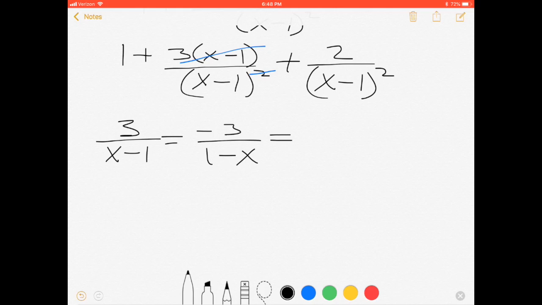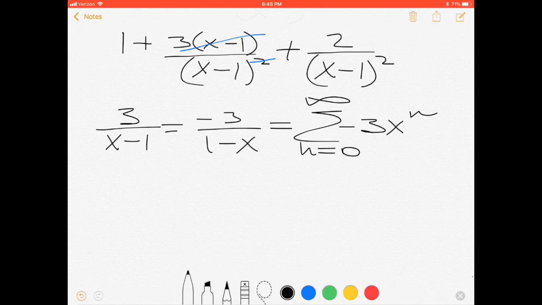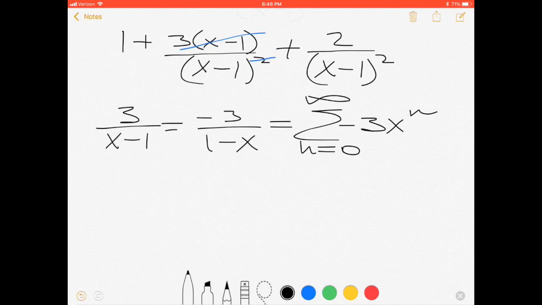And this one is the series of negative 3x to the power n, n from 0 to infinity. Great. But what is the relationship between 1 over x minus 1 and 1 over (x minus 1) squared?